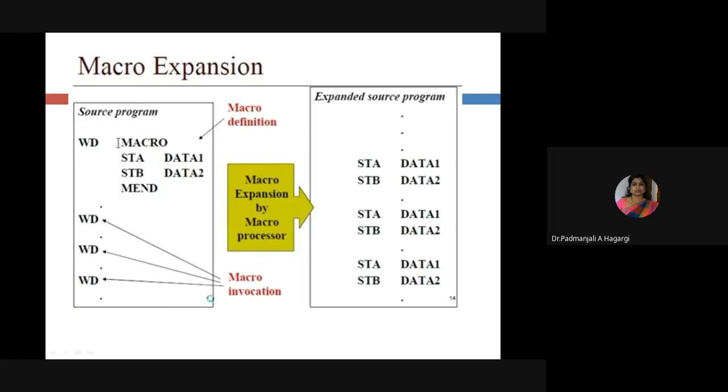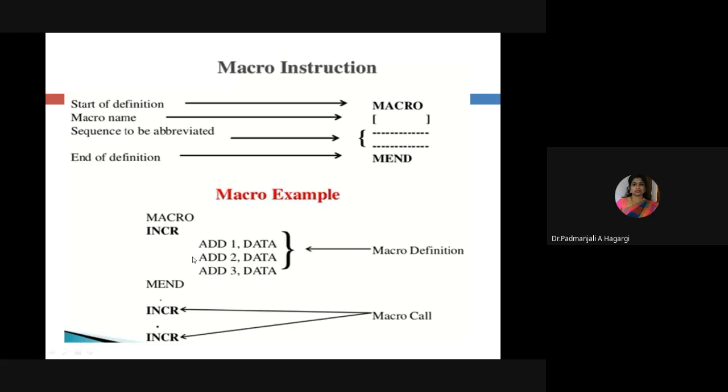Assume that in that macro it is an add. Like in C language, add is performed by using the operator plus directly. But at the same time, if you go with the assembly level language, you need to use the mnemonic instruction, that is add.